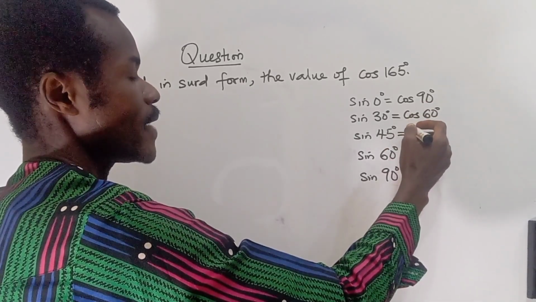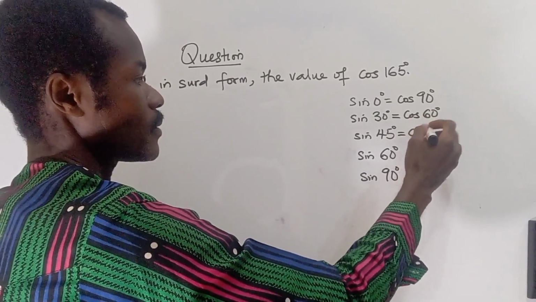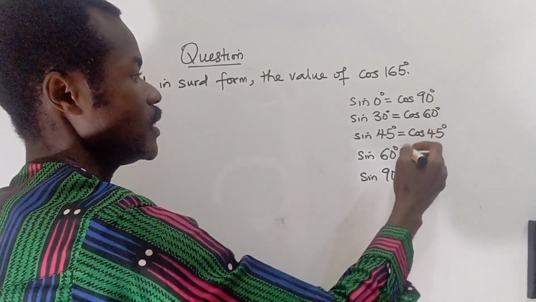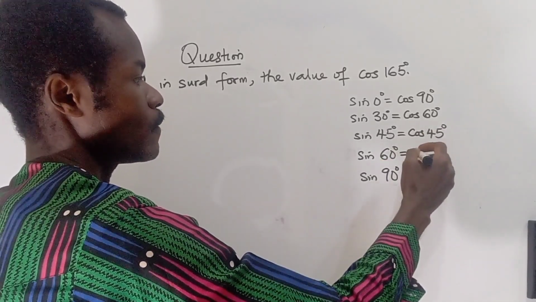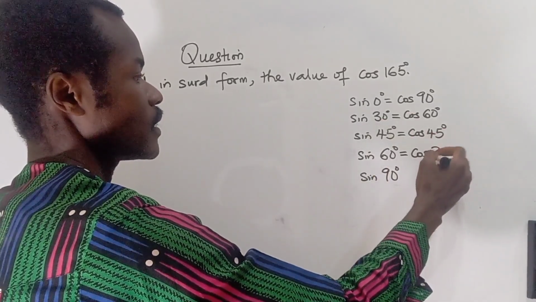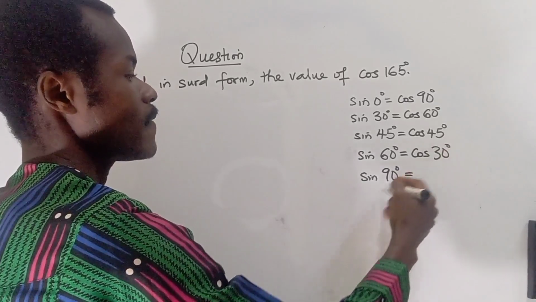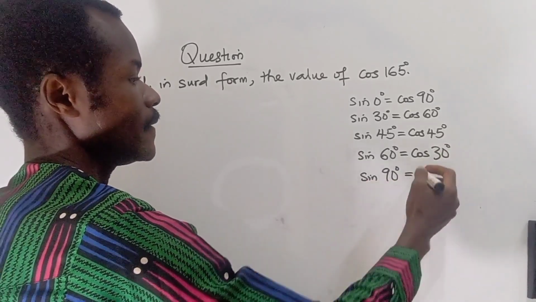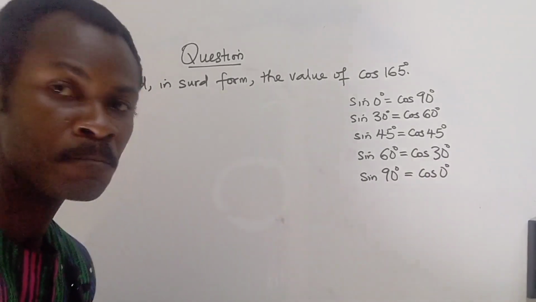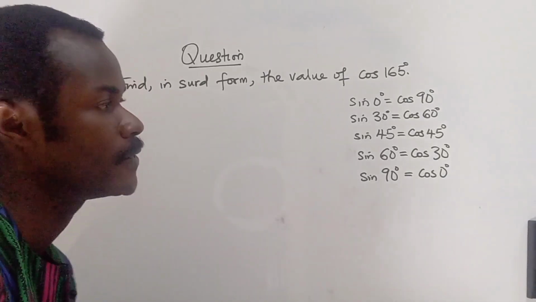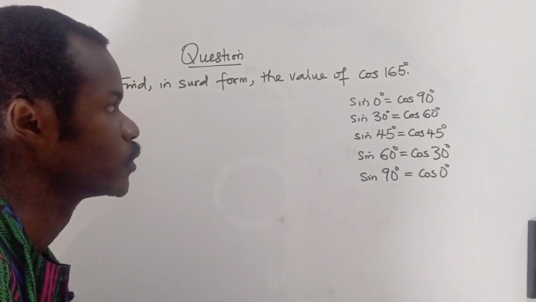Sine 45 also means our cos 45 degree, and our sine 60 degree also means our cos 30 degree. And finally, sine 90 degree also means our cos 0 degree. Alright, so you want to know that first and foremost.